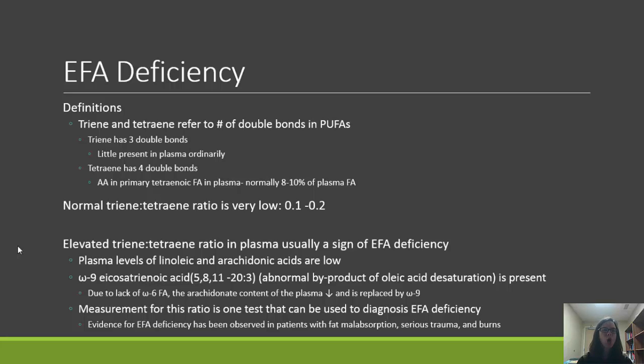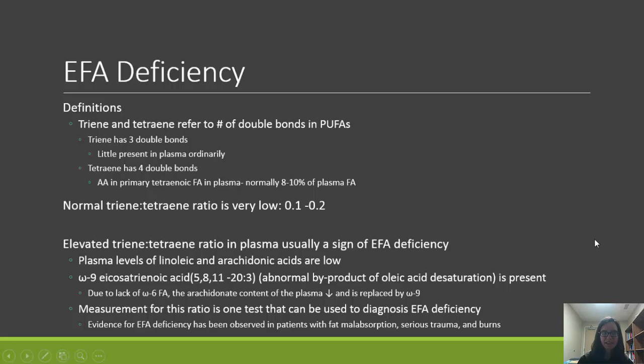Okay, so if our tetraene, our 4 bond structures, are decreased, then our ratio increases. And that's showing that we just aren't getting enough of these essential fatty acids. Now, when we have essential fatty acid deficiency, we see that the omega-9 ETA is present.